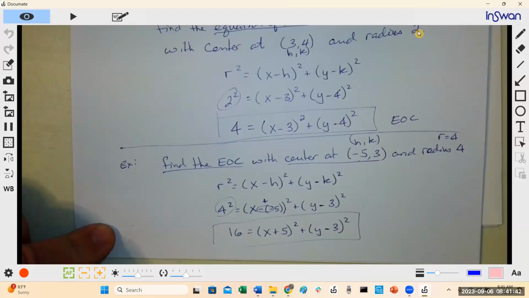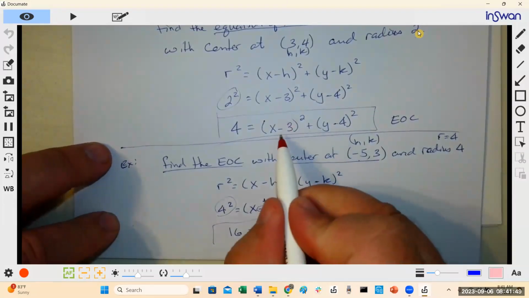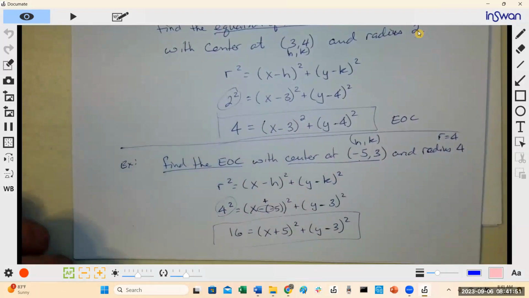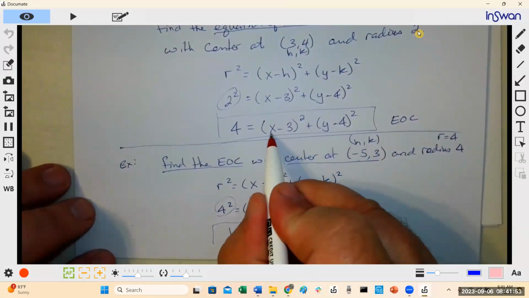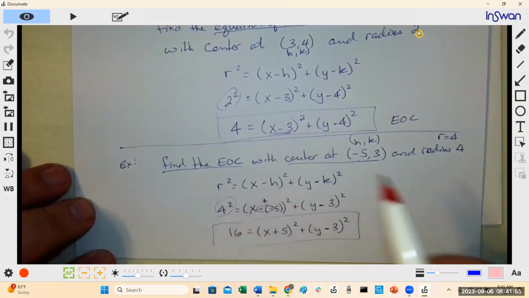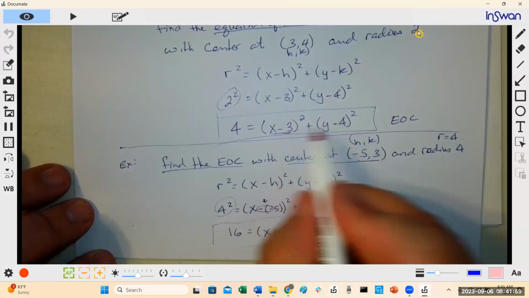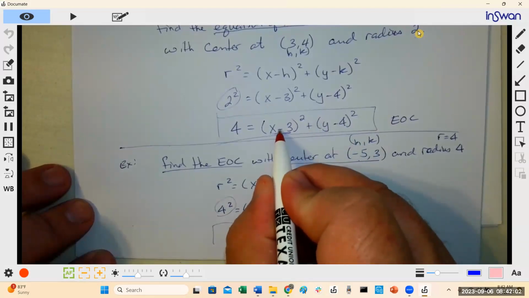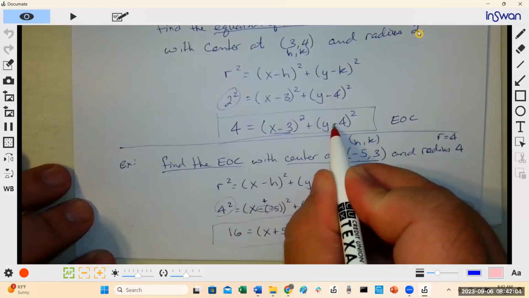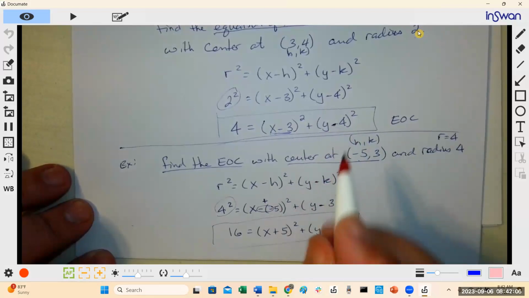Now I want to point out something very interesting and important. It'll help us when we do some of these questions also. Actually, it'll help us from here on out in the course pretty much. Whenever you're solving for things and something's inside the parenthesis, we know that the numbers inside there, that's our center. You notice this one says -3 and this one says -4 inside the equation.